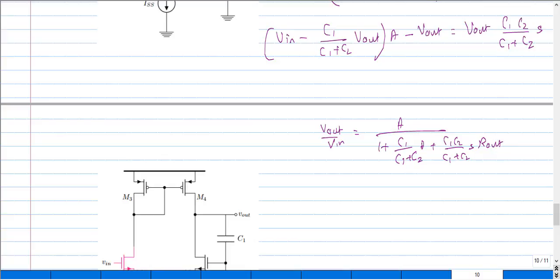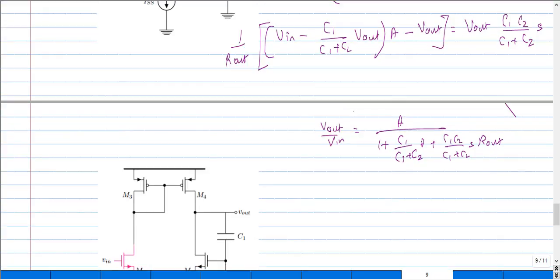I forgot to write this term here, that is 1 upon R out. This particular factor can be replaced by the beta factor, where beta is nothing but C1 divided by C1 plus C2.